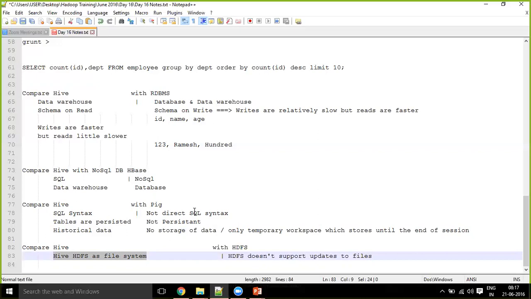It stores all its data in HDFS files only, but when you view it through the Hive mirror, they will look like tables to you. In the backend, it is still simply a file only, and you can still perform your file operations on that HDFS file.